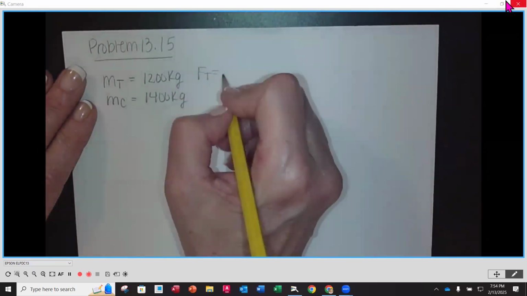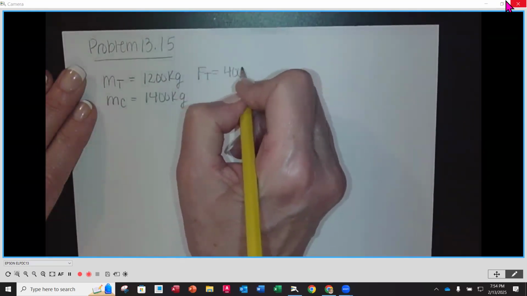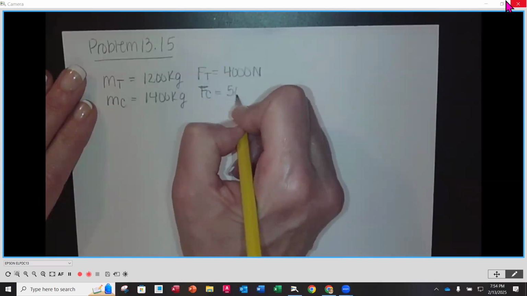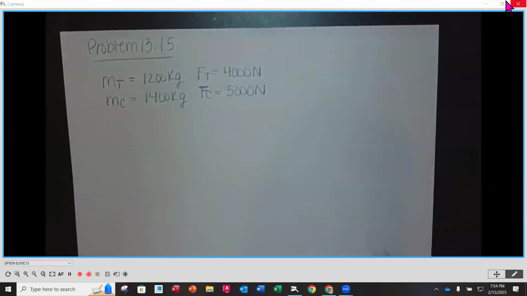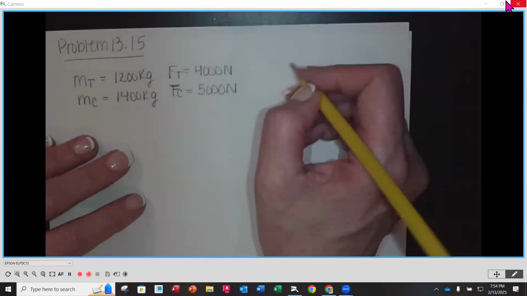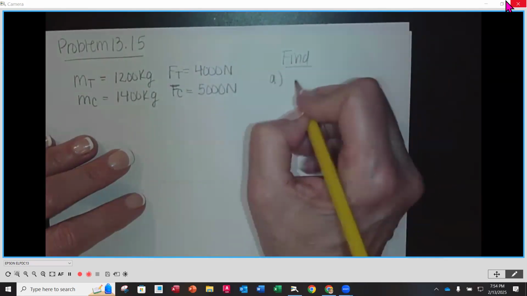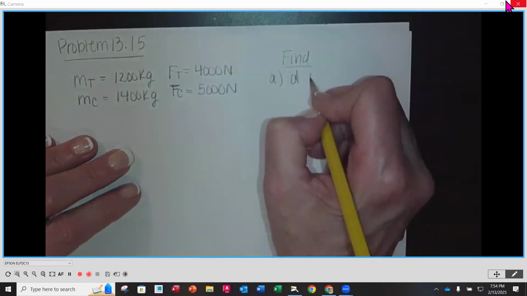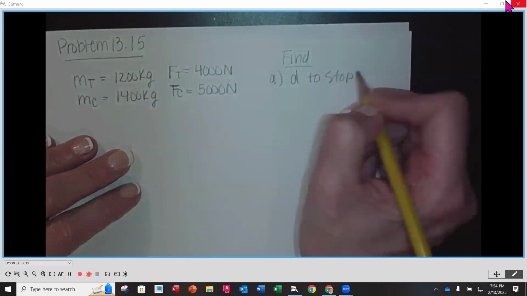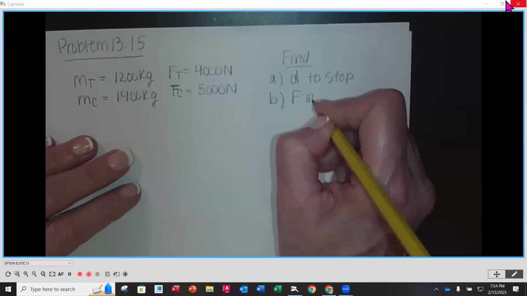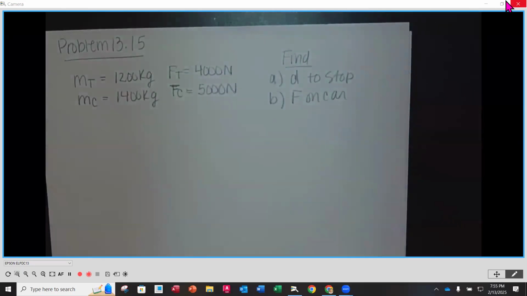The braking force on the trailer is 4,000 newtons, and the braking force on the car is 5,000 newtons. We want to find A, distance to stop, and B, F on car from trailer.